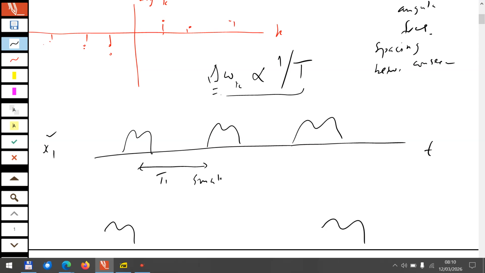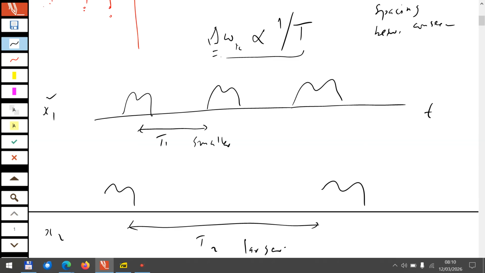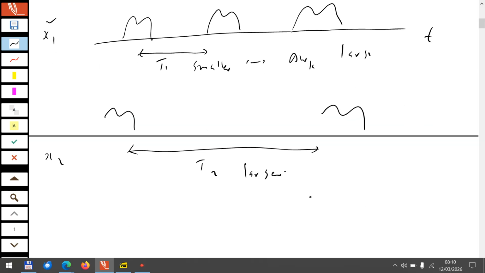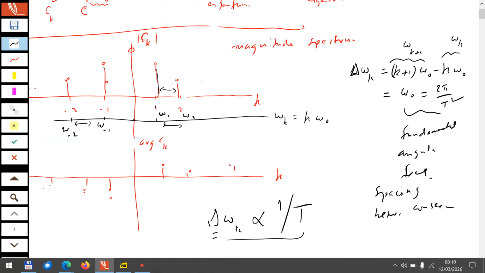So this is smaller and this is larger. So this smaller means that delta omega k will be larger, right? And this larger means that delta omega k will be smaller. So now I'm asking you again, for x1, these spacings will be larger, yeah.